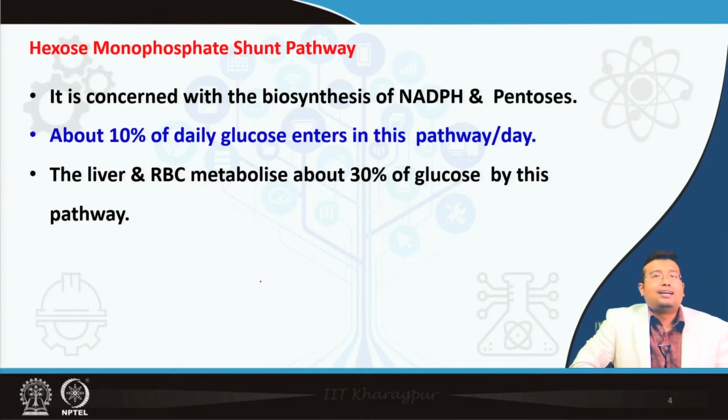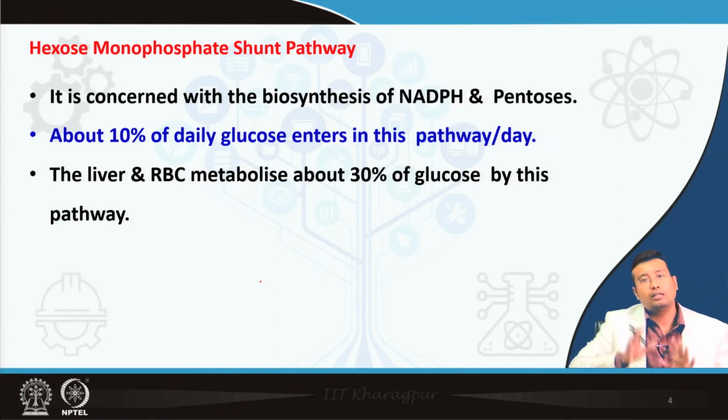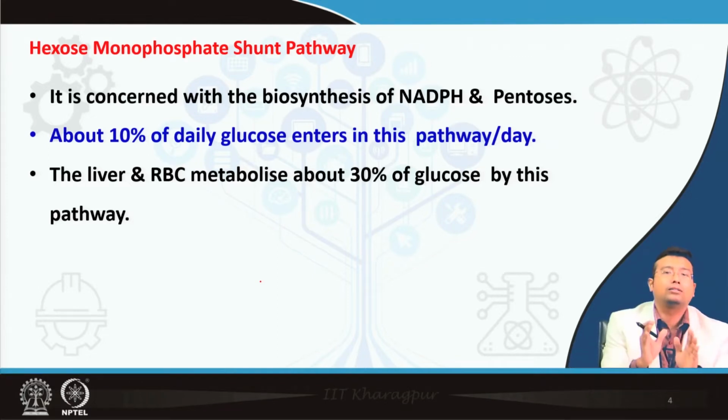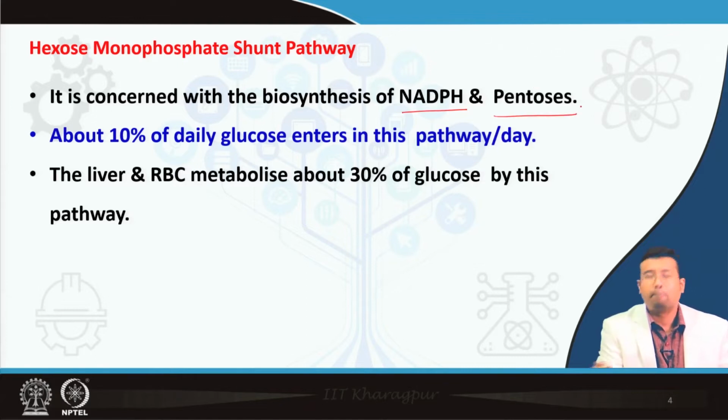So, why do we need hexose monophosphate shunt? If you need to answer in one sentence, it is production of two very important compounds, NADPH and pentose sugars. So, NADPH and pentose are the resultant of the HMP shunt pathway. Again, another MCQ thing: what is the total amount of glucose that enters this pathway per day?